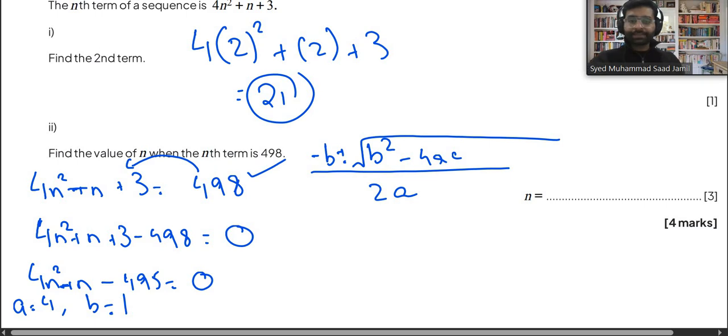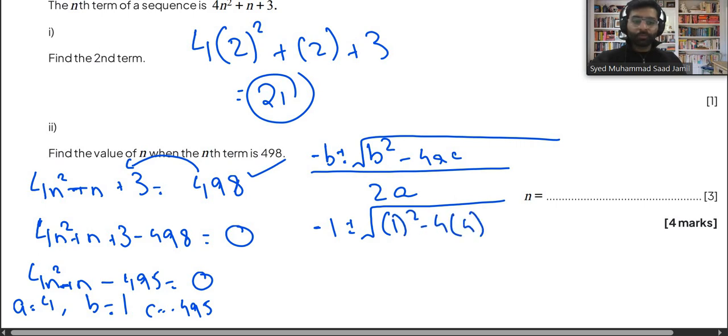And c is equals to negative 495. So I will do minus 1 plus minus under root 1 square minus 4 multiplied by 4 multiplied by negative 495 upon 2 multiplied by 4.